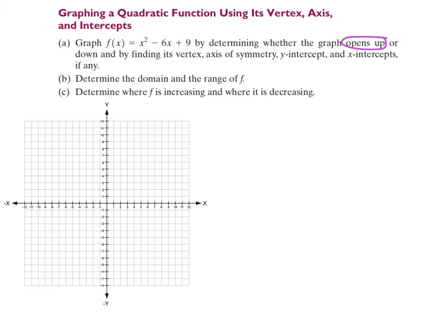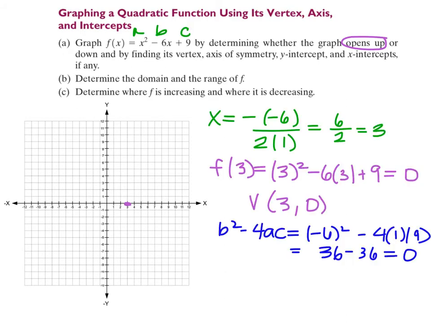And now let's find the vertex, axis of symmetry, and our intercepts. So I'm going to find the x value of the vertex first, right? Negative b over 2a. Let's do that. All right, I got a little carried away here. But I plugged in negative b over 2a, and that gives me 3. So x equals 3 is going to be my axis of symmetry.